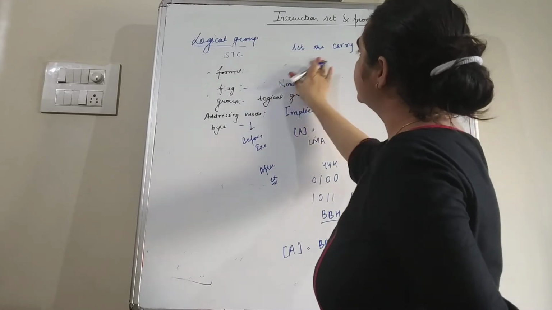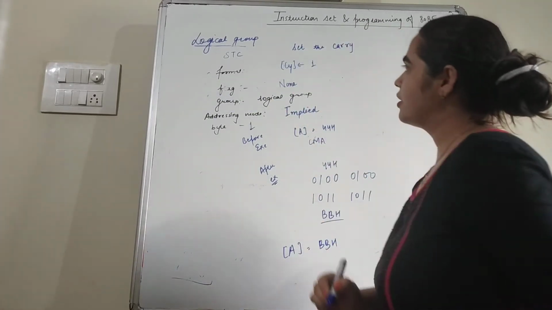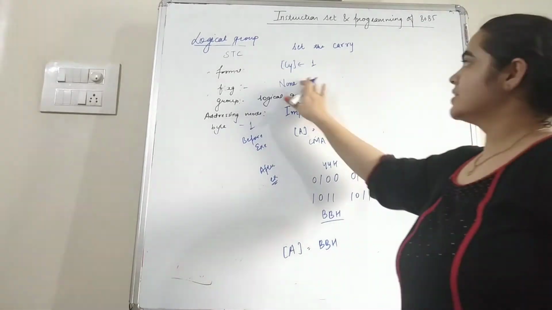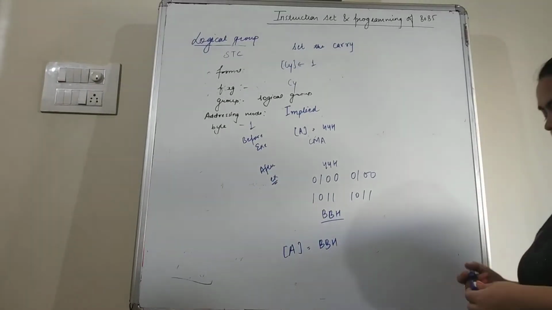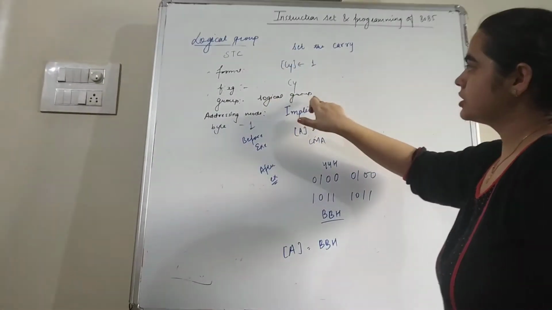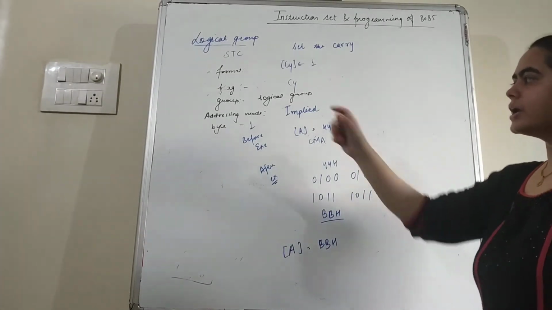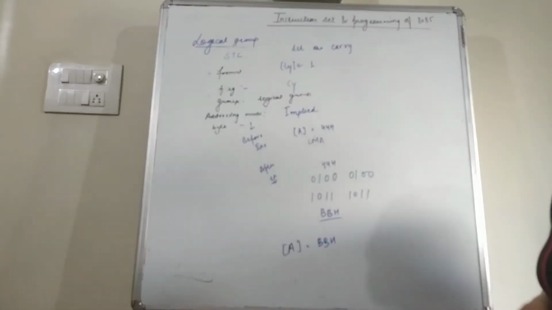Set the carry means we set the value of the carry flag to 1, and in this case only the carry flag is affected, because this instruction deals only with the carry flag. This instruction comes under the logical group. Again, the addressing mode is implied because no data or register is specified.